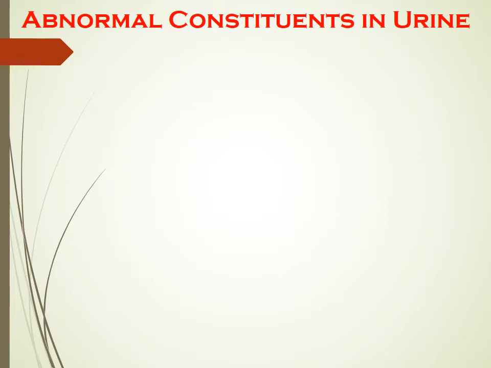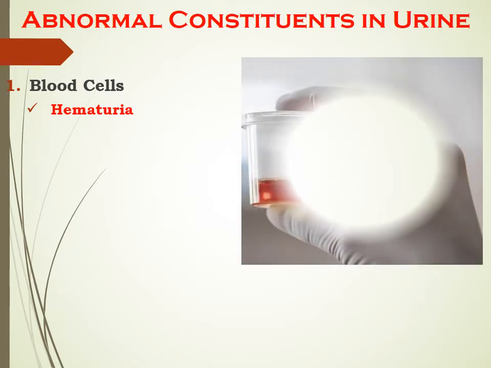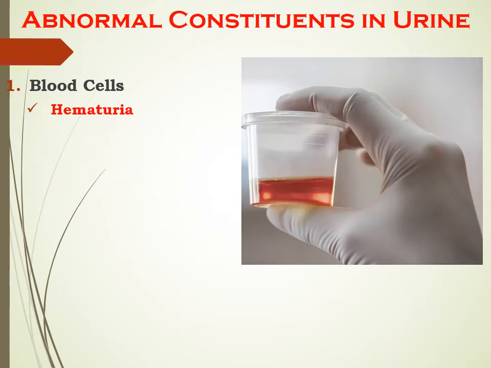But number one, blood cells can be present in urine and the condition is called hematuria. And this hematuria can occur due to internal damage to the kidney, ureter or urinary bladder or any kind of bacterial infection. The color of the urine will change immediately to red. This is called hematuria.